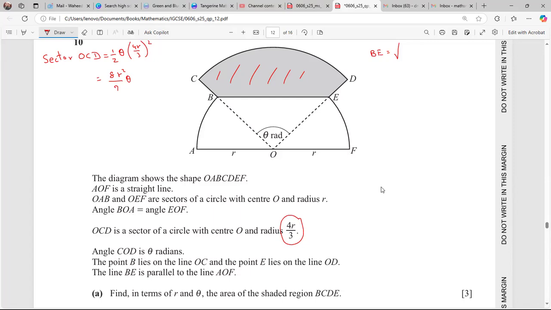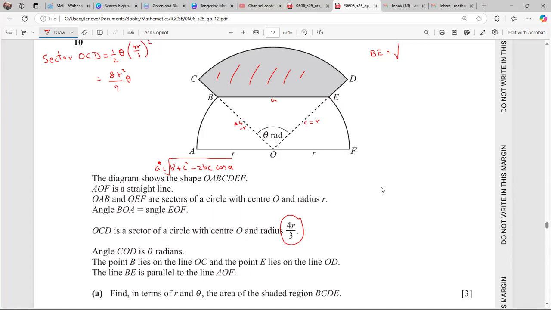Remember the law of cosines? It was, let me write it here, a square is equal to b square plus c square minus 2bc cos of alpha. If I remove this square, it will be under root over here. You can see this is my A, this is B, and this is C. B is equal to R and C is equal to R, and the angle between them is theta. So how would I do it?